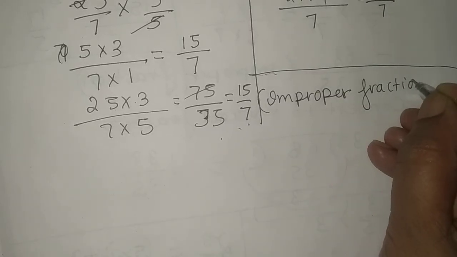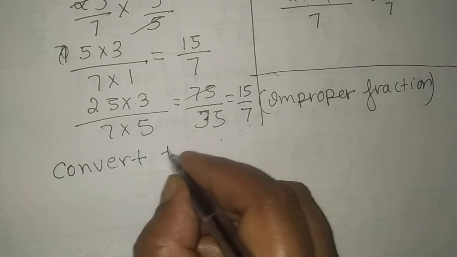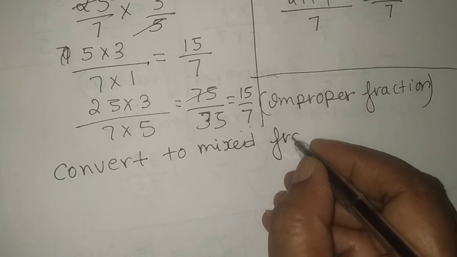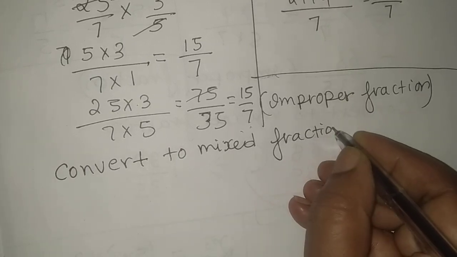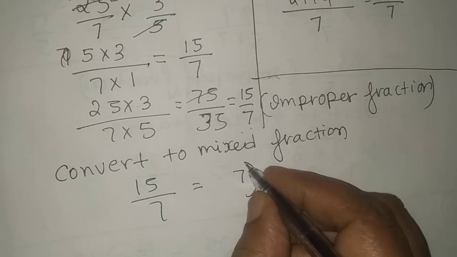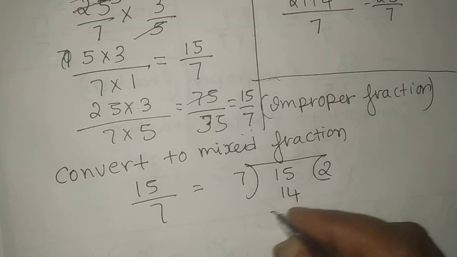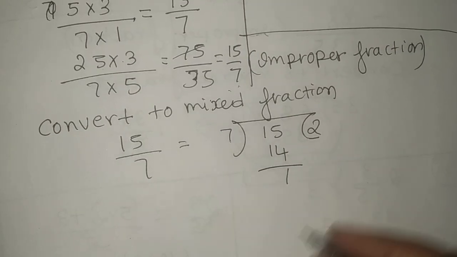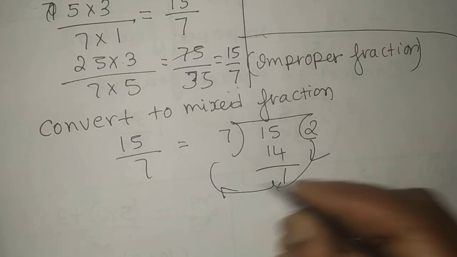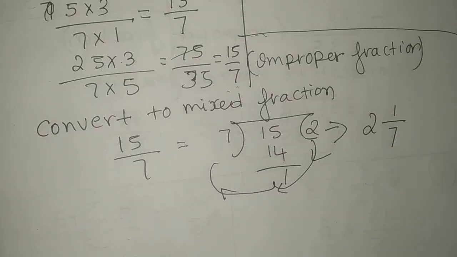Convert it to a mixed fraction. 15 by 7 is 15 divided by 7. 7 twos are 14, 1 remainder. So write in this form. Therefore, 2 1 by 7 is the answer.